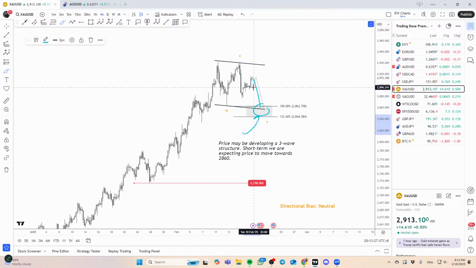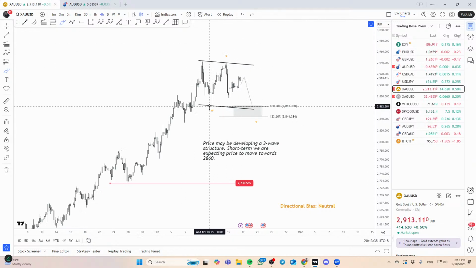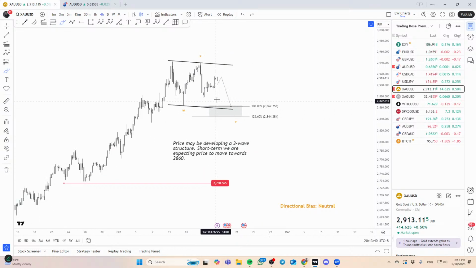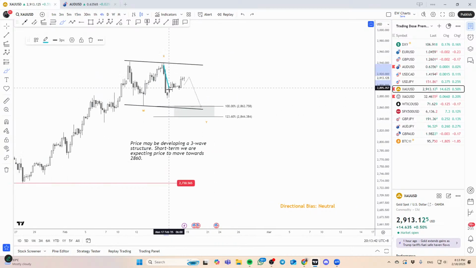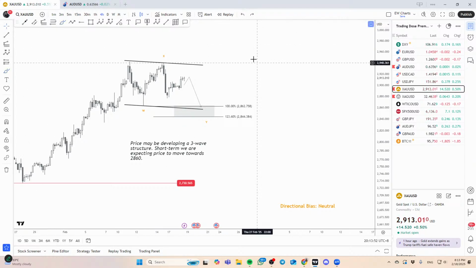Understand it doesn't necessarily need to do that, but it's the simplest model for forecasting a three-wave. What I like on this 4-hour time frame is that while the market is coming down here, we have a huge momentum move. That's pretty impulsive on the lower time frame. So that's something to note.